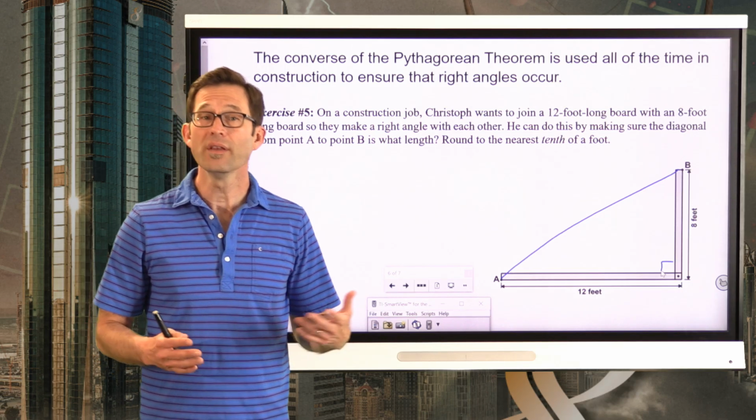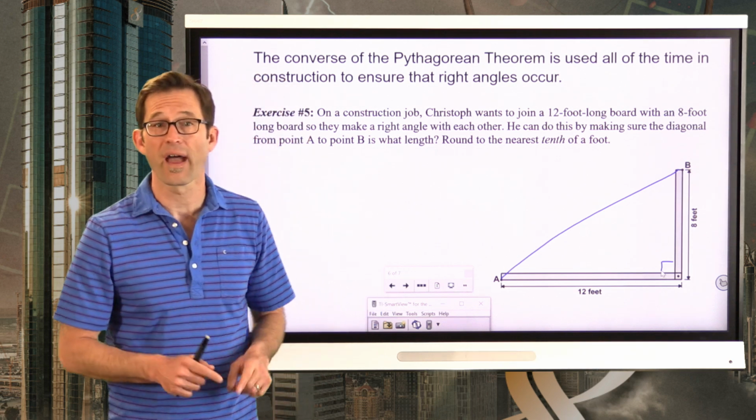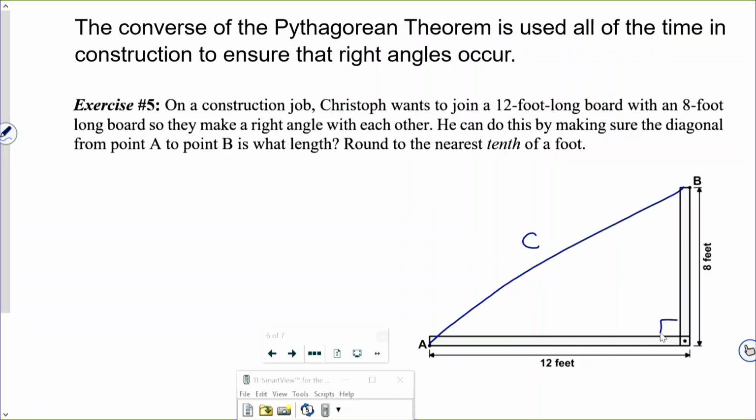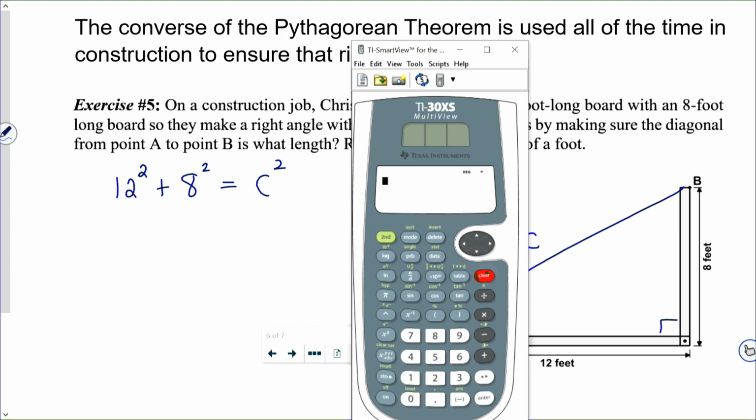All right, well in this case, we're actually using the Pythagorean theorem. So I'm going to call this c. If I've got 12 squared and 8 squared, I need those to add together and be c squared in order for this to be a right triangle. So simple enough, 12 squared plus 8 squared gives me c squared is equal to 208.